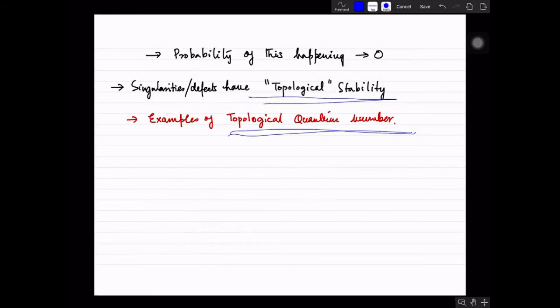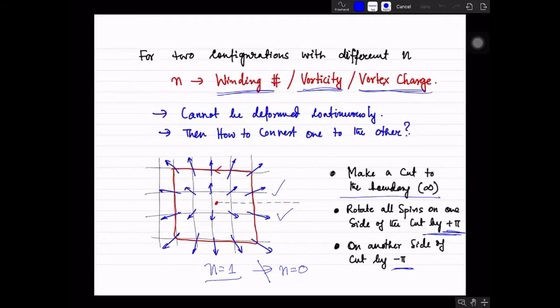What I want to convey is that there is this stability, which is why if I somehow generate this n equal to 1 configuration, it cannot go away from the system. It cannot decay into an n equal to 0 configuration easily.